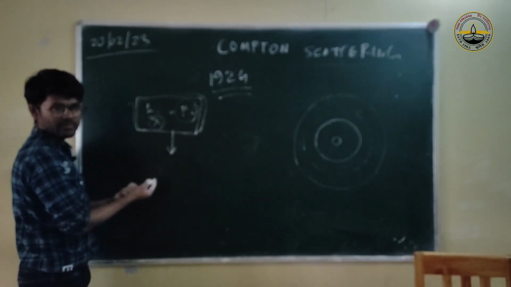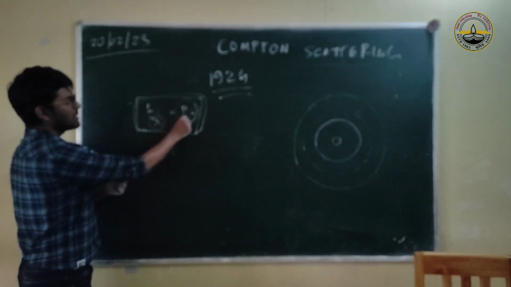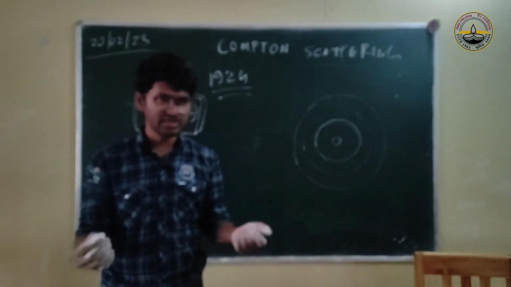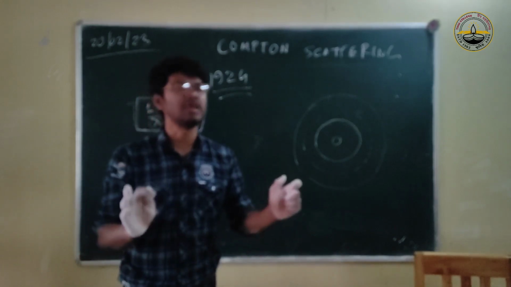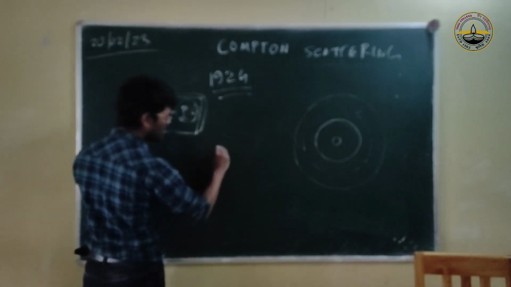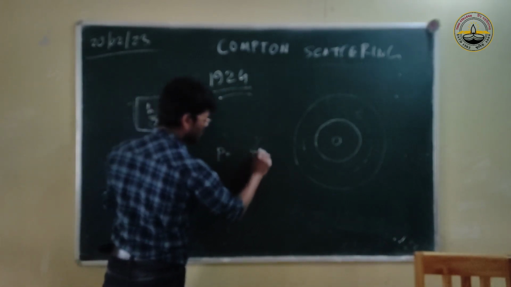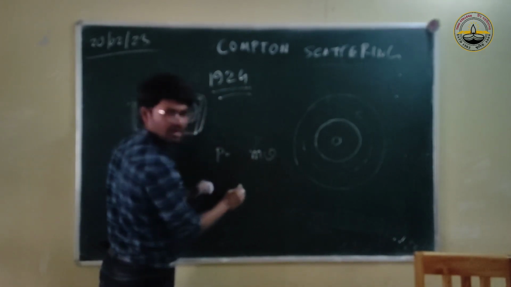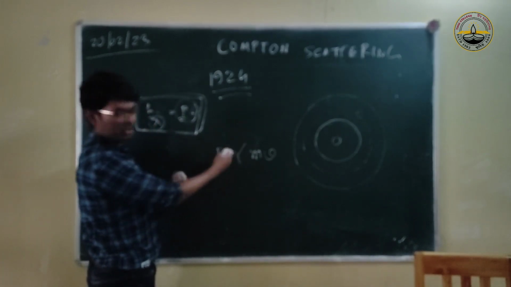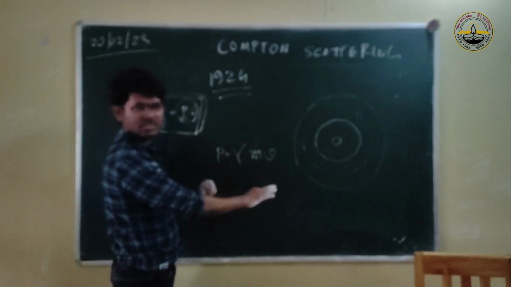The wavelength is given by lambda. For light, of course, it's just p, since there is no rest mass. But if you had a massive particle, then what is p? Non-relativistically it is mv, but in relativity there will be a gamma, where gamma is 1 over square root of 1 minus v square by c square.